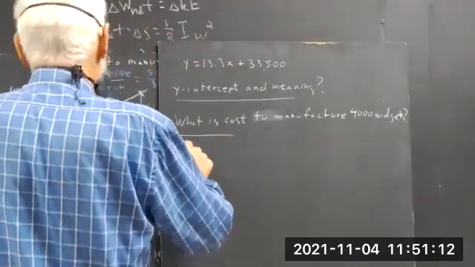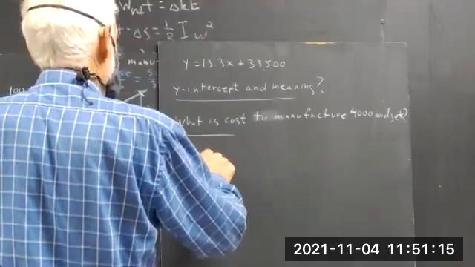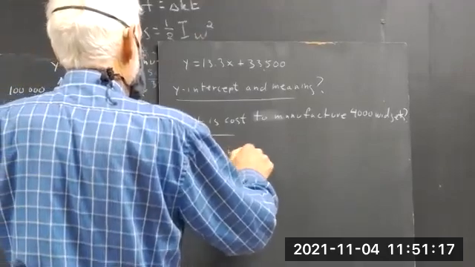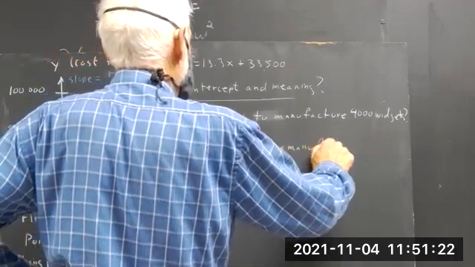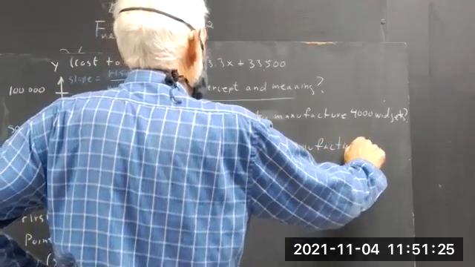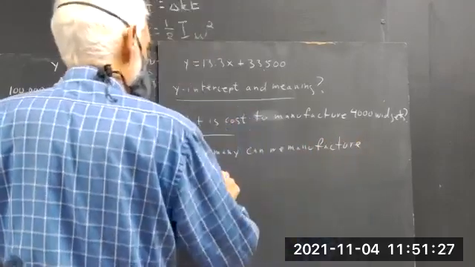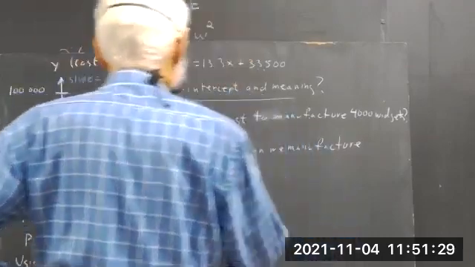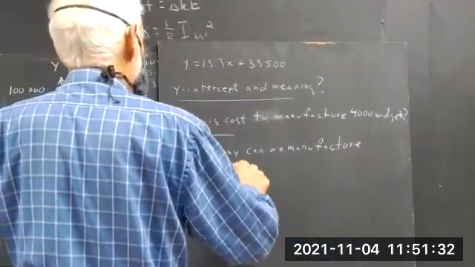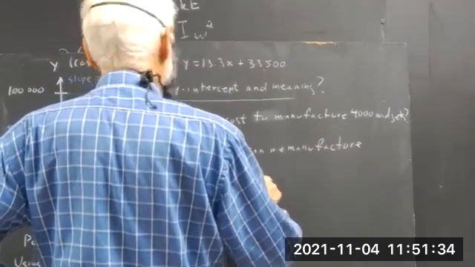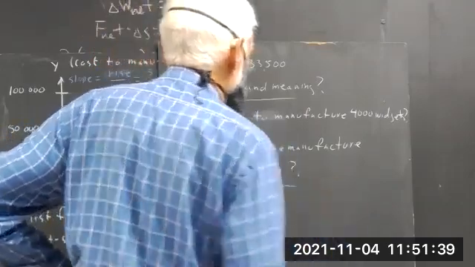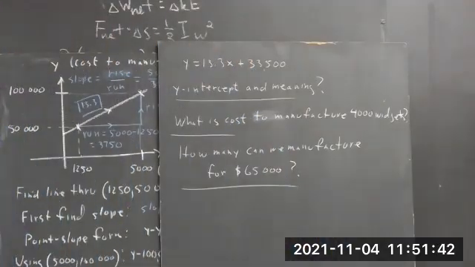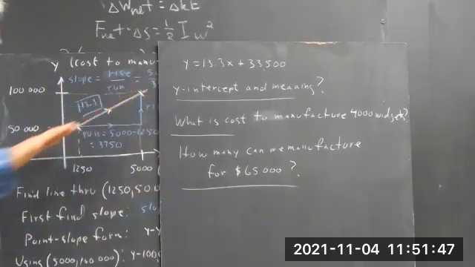Second question. How many can we manufacture for $65,000? All that information is there in this model and on this graph.